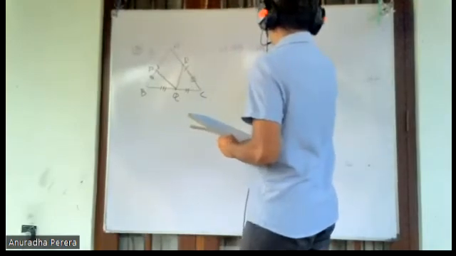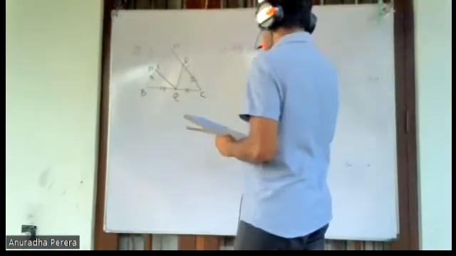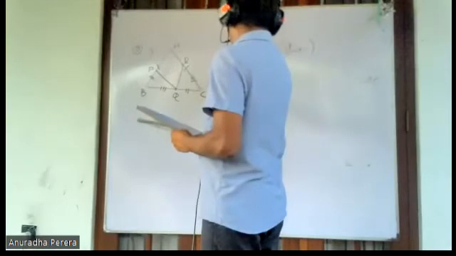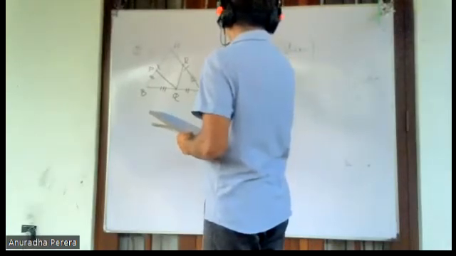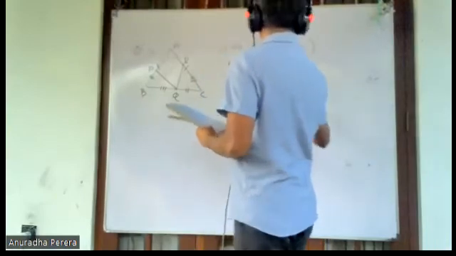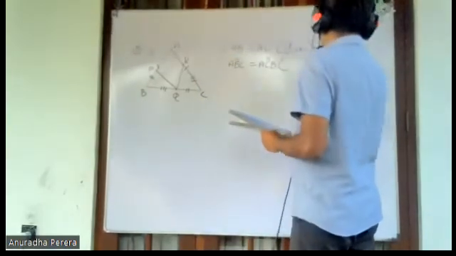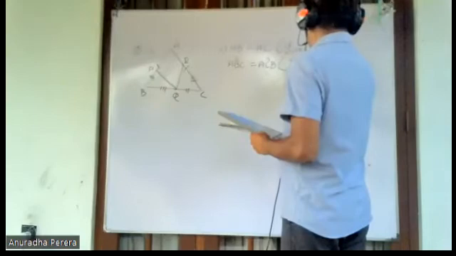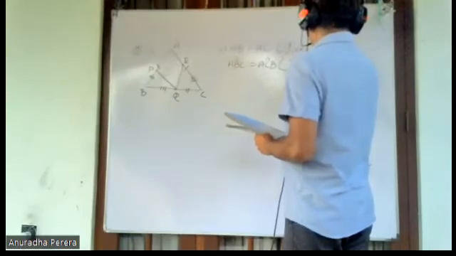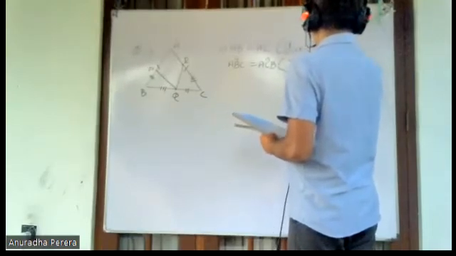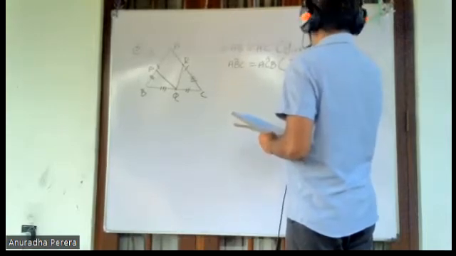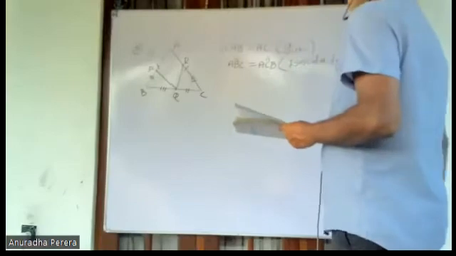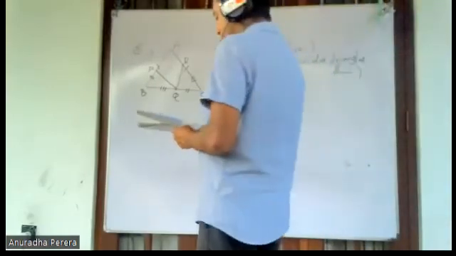Therefore, angle ABC equals angle ACB according to the isosceles triangles theorem. Right. Now we can prove them.